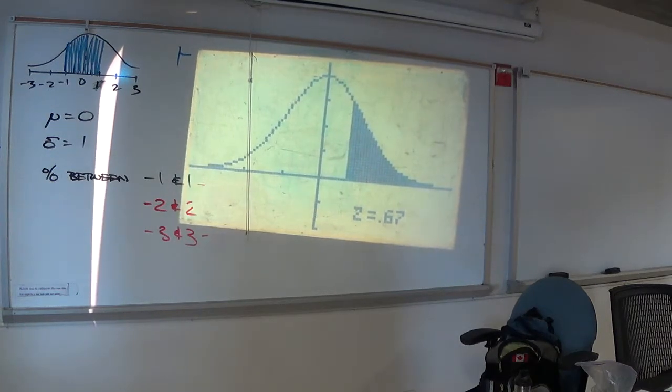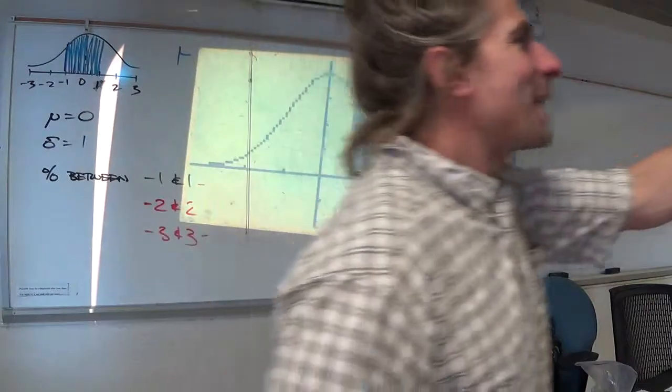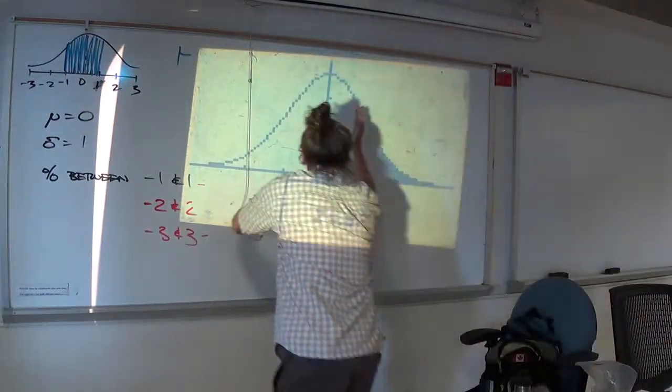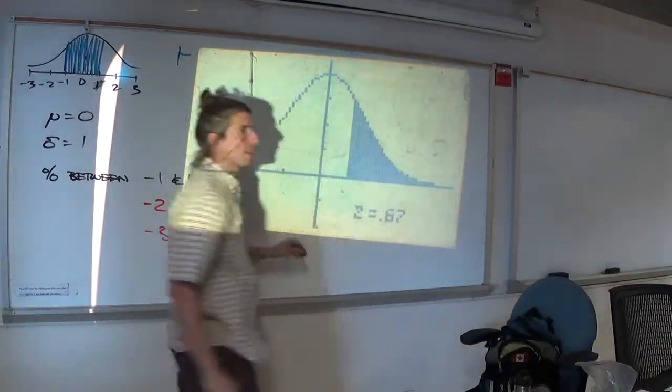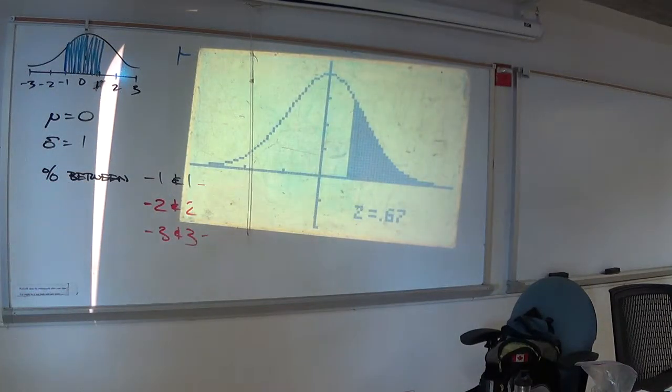It's the exact same z-score that cuts off the left 75% as the top 25%. But the other side would have been shaded. You would have shaded from here down as opposed to from here up. That's the standard normal distribution.